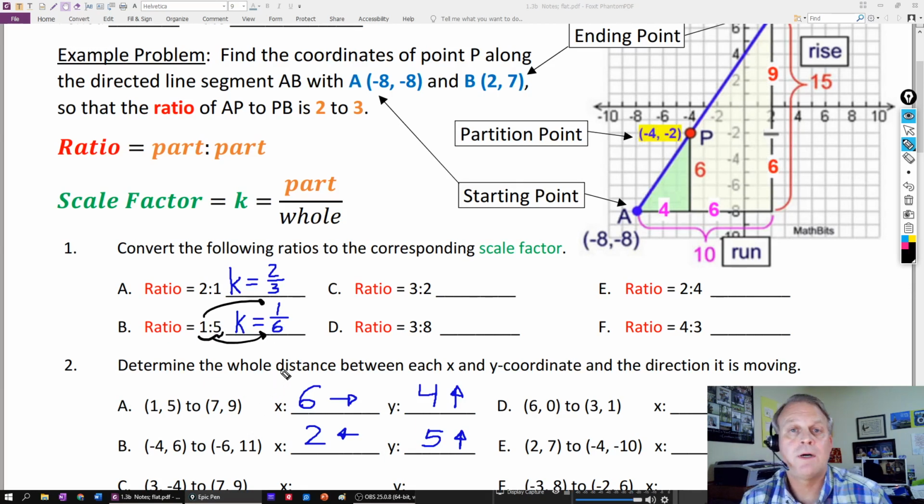All right, so pause the video, if you would, and go ahead and do these here. Now, if you're just working on a sheet of paper, that's fine. If you don't have these notes, that's fine.